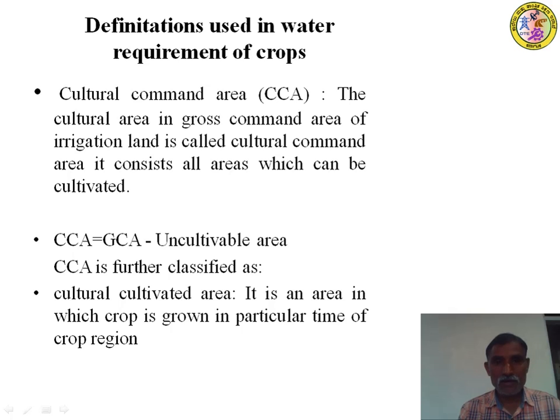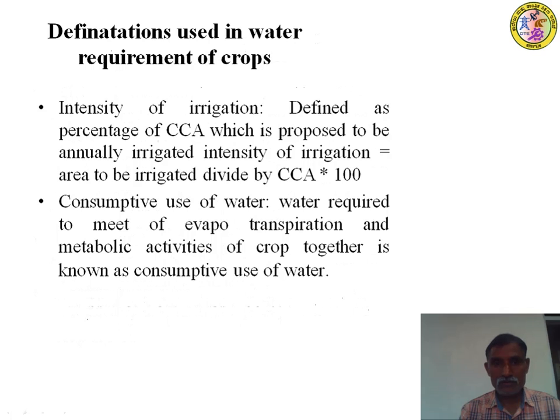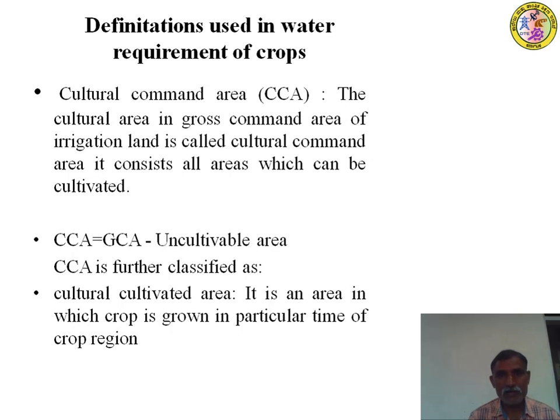The cultivable command area is the area of irrigation land which is actually cultivated, or which is brought under irrigation.